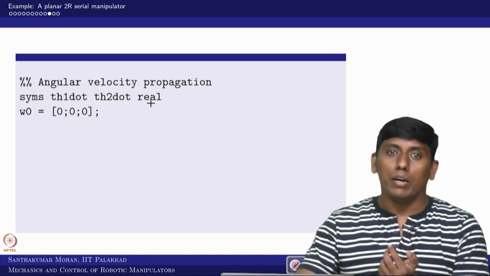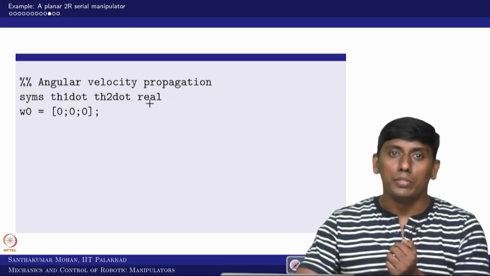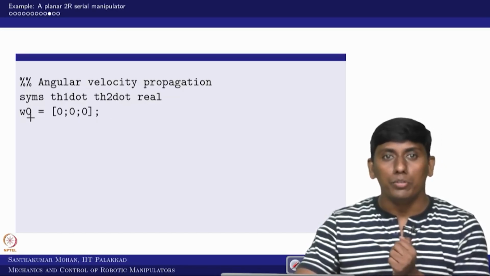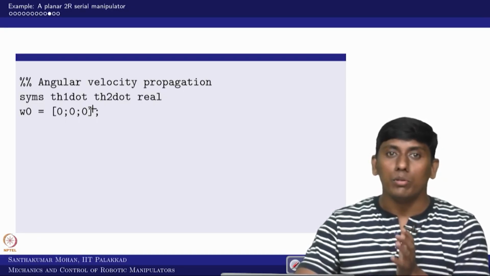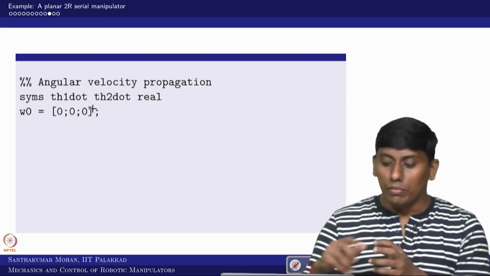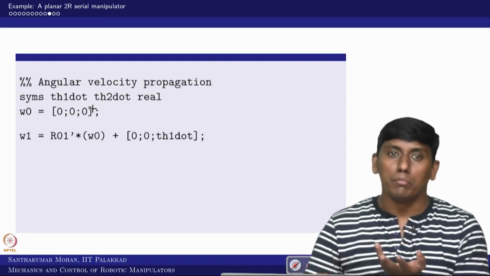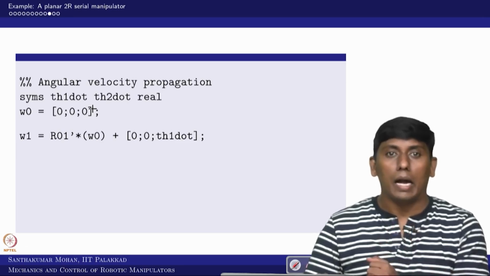Further, we take the base angular velocity as starting from 0 because it is fixed. So omega 0, which I have written as w0, equals 0 0 0, in the sense zeros of 3 comma 1. Now we can substitute into the velocity propagation model, where omega i plus 1 in frame i plus 1 is R i plus 1 to i transpose times omega i in frame i, plus the active variable addition.